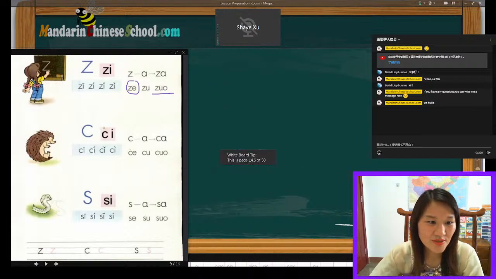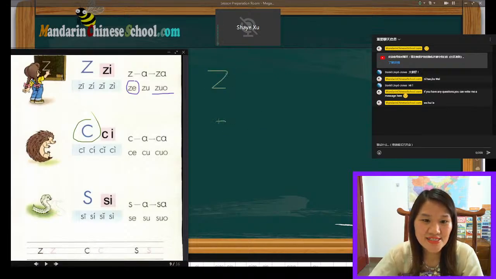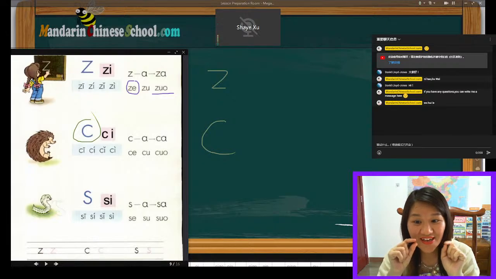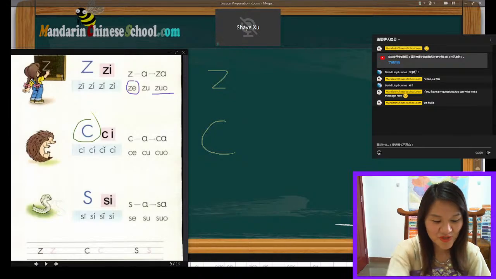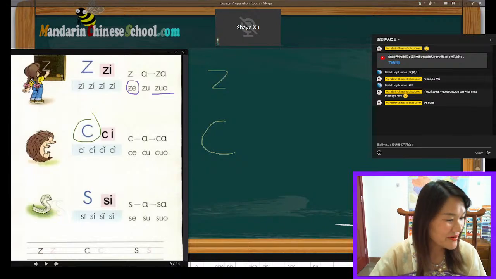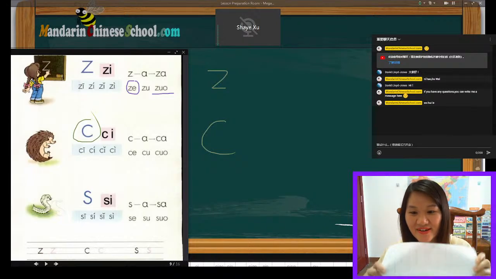Next initial. This is a 次, and the difference is when you say 次, a little bit of air will come out of your mouth. I'll show you with this paper.